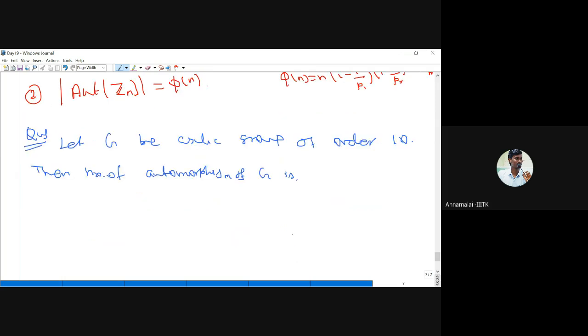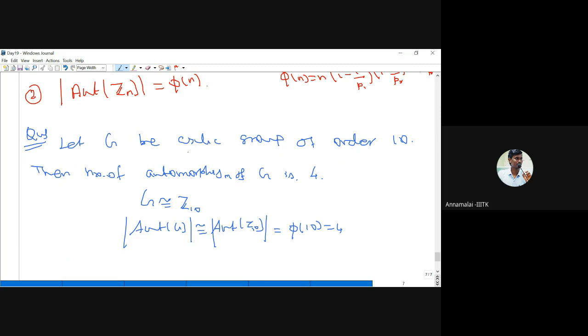And we know that any finite cyclic group of order 10 should be isomorphic to Z10. Therefore the automorphism group of G is isomorphic to the automorphism group of Z10. Now we need the cardinality, and the left hand side is the same as the cardinality of this one. So the cardinality of the automorphism group of Z10 is nothing but phi of 10. Phi of 10 is 4. Therefore the answer is 4.